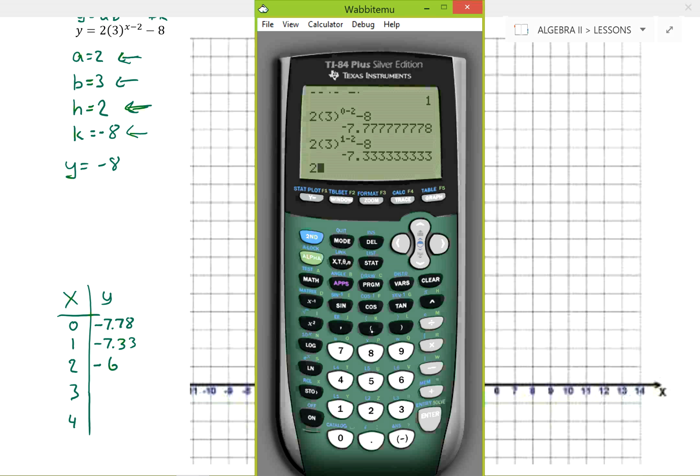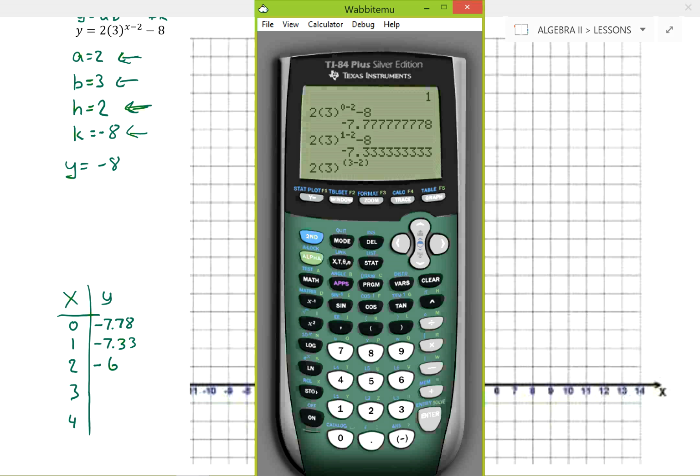Now I'm going to plug in 3. So that's going to be 2 times 3 to the power of, now I do want to make a point, in the TI-84 that I'm using, the exponent literally goes up into a superscript. If you're using a TI-83, you're going to have to make sure that you put parentheses around your exponent. So in this case, it's the parentheses around 3, which is the x value we're plugging in, minus 2.